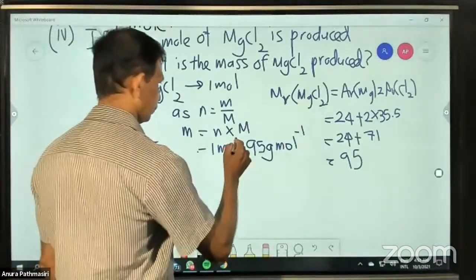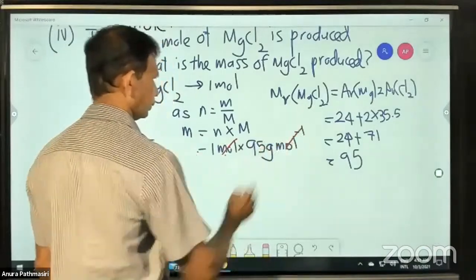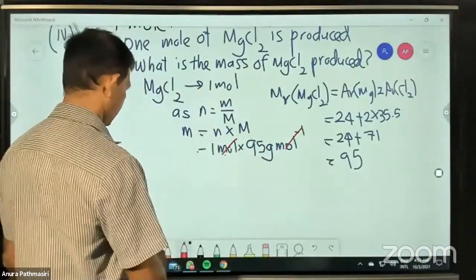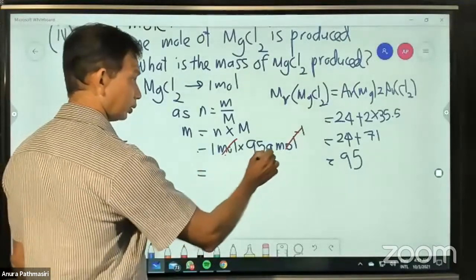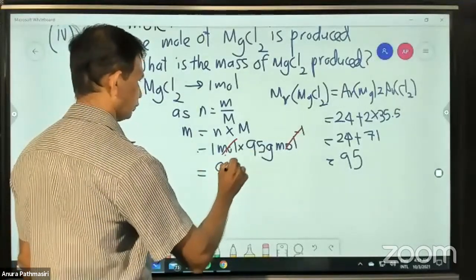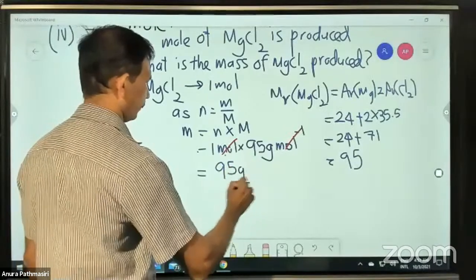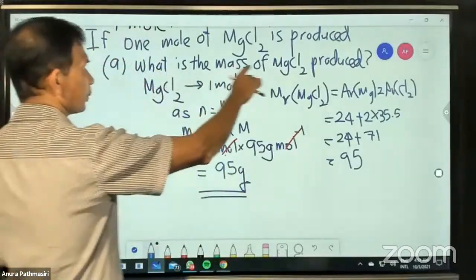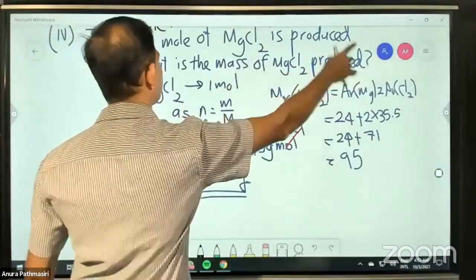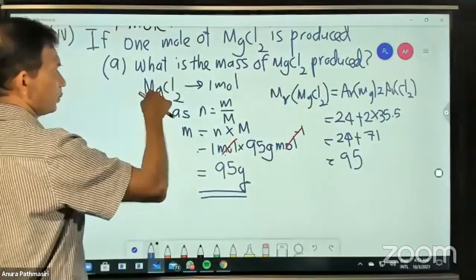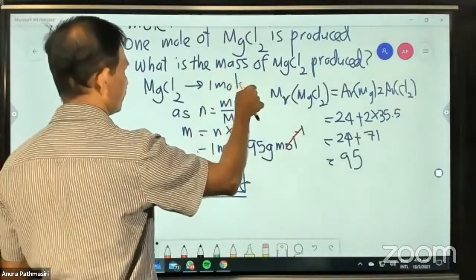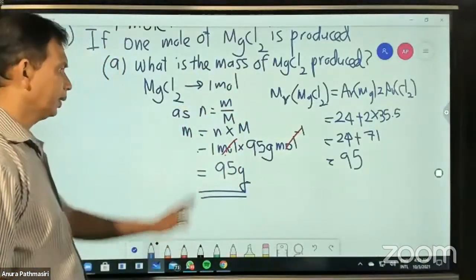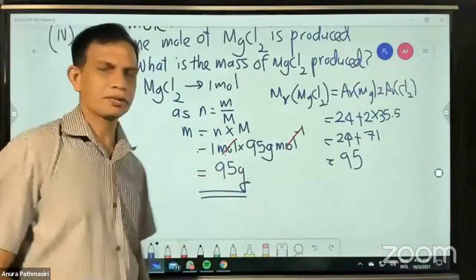Then mole per mole cancels out. Now you have 95 grams. So what is the mass of magnesium chloride produced? Magnesium chloride 1 mole, as n equals m over capital M. M is 95 grams.